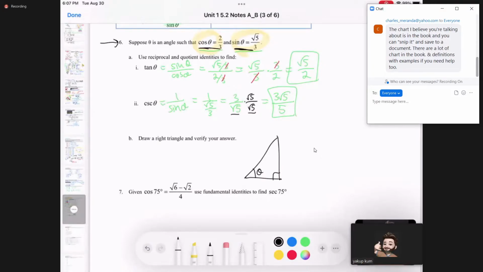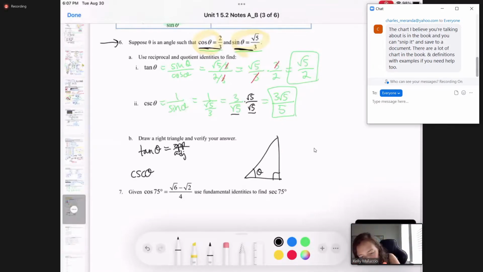And so with our right triangle here, basically what we're saying is, okay, tangent of theta is opposite over adjacent. Cosecant theta, that's what we were solving just up here, right? Is hypotenuse over opposite. I'm doing this quickly, but this was just from last class.